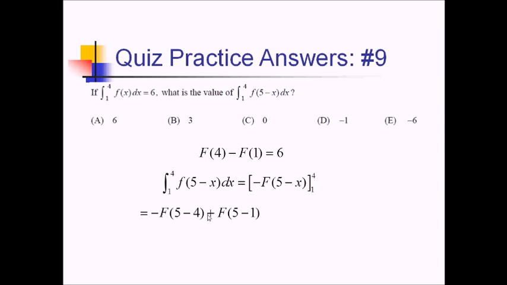So we're going to be adding that last one there because we're subtracting a negative. Cleaning this up a little bit, this is really negative F of 1 and positive F of 4. So I could just rewrite this as big F of 4 minus F of 1. And hold on a sec, didn't we just say up here that that was equal to 6? Well, that hasn't changed. So that means that answer choice A is our friend on this one.